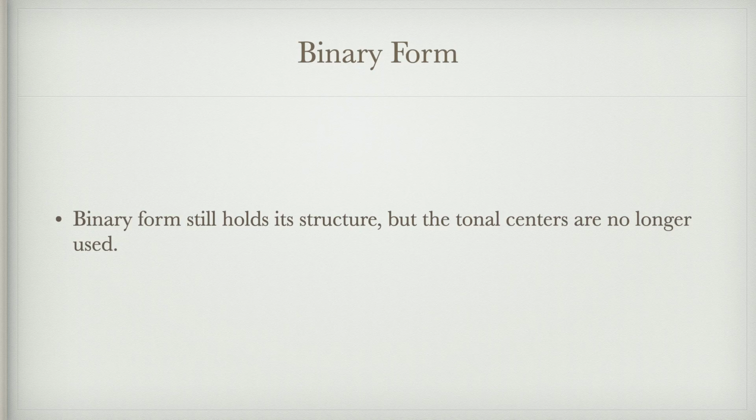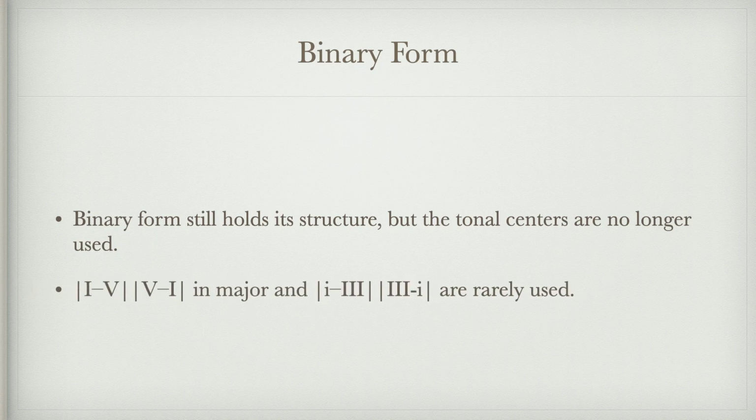Now that's not to say that they're never used, but in a 20th or 21st century work, they often try and stay away from these tonal centers, or at least they're not used in the same way as they are in classical and romantic period works. So an example of that: in a classical work, you'd have 1-5 and then 5-1 in a major piece, and 1-3, 3-1 in a minor piece. But in the 20th century, these are rarely going to be used.